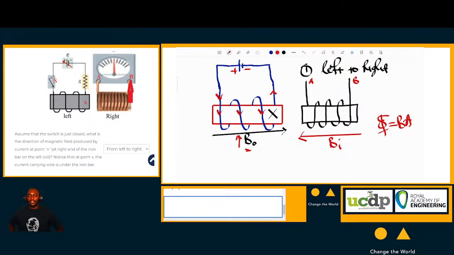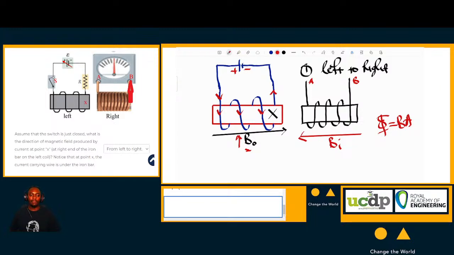So the first thing was to identify whether the original flux is increasing or decreasing. And because the switch is being closed, the current is increasing, therefore the original magnetic field is going to be increasing.